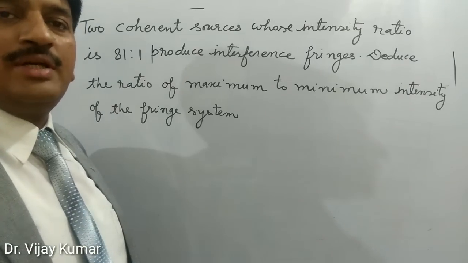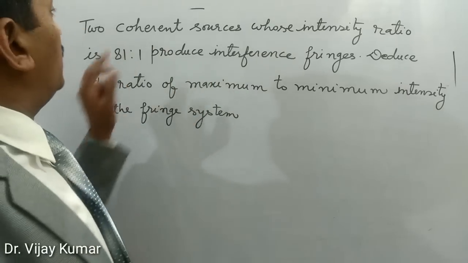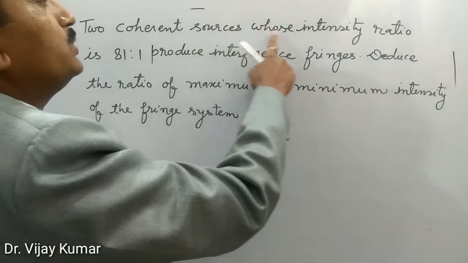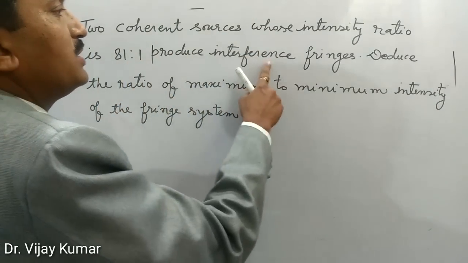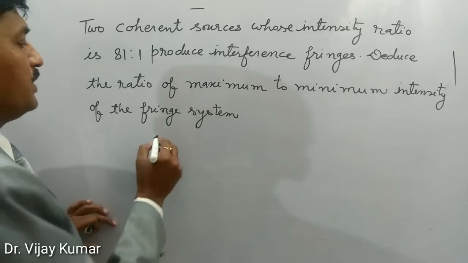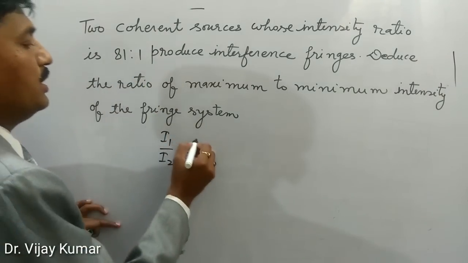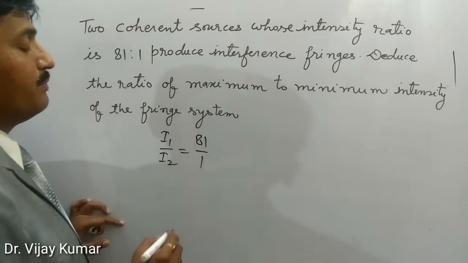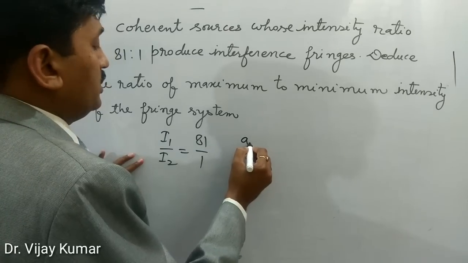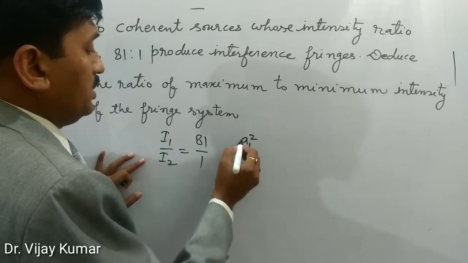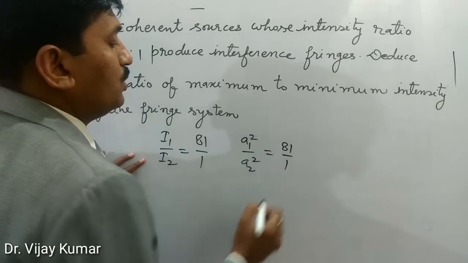We can also understand the maximum and minimum intensity with the help of this problem. Two coherent sources whose intensity ratio is 81:1 produce an interference fringe. It means the intensity ratio I1 upon I2 is 81:1, and we know that intensity is the square of amplitude, so a1 square upon a2 square is equal to 81:1.